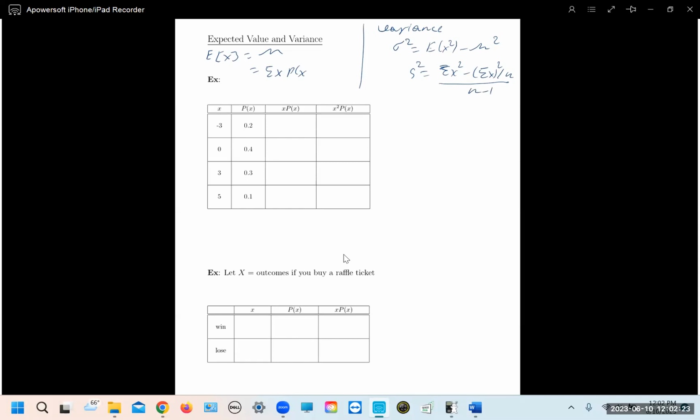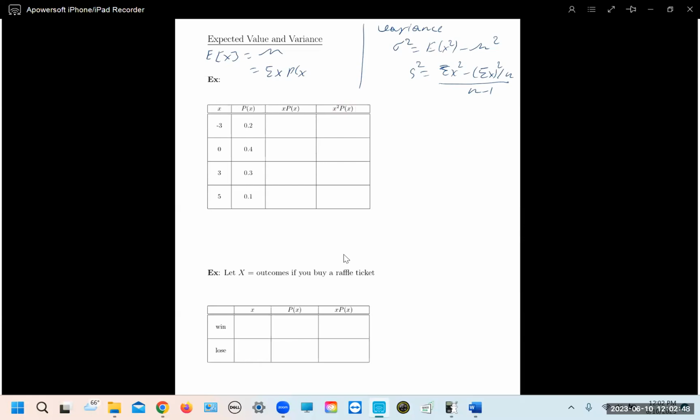So as an example, we can see this. x is negative 3, 0, 3, 5, and p of x is 0.2, 0.4, 0.3, 0.1. So we can compute x times p of x and x squared times p of x.